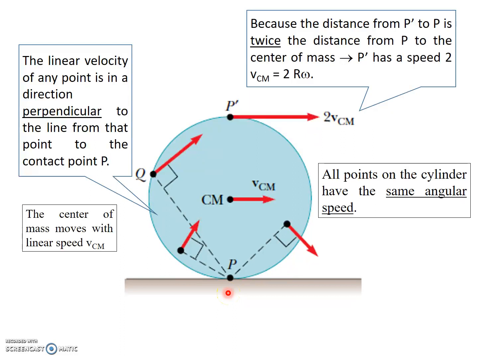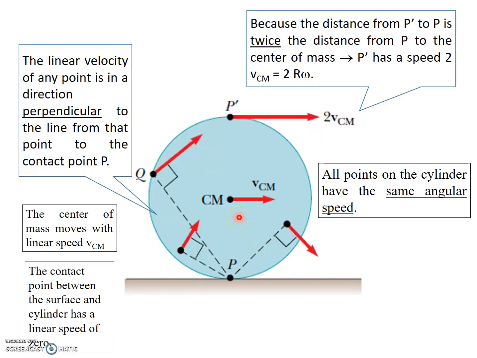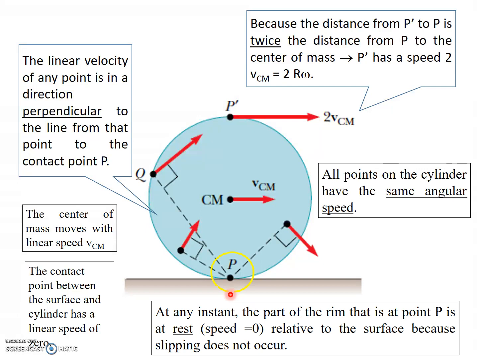The center of mass moves with linear speed Vcm, while at point P the speed is equal to 0. So point P we call the contact point. At any instant, the part of the rim that is at point P is at rest relative to the surface, because slipping does not occur.